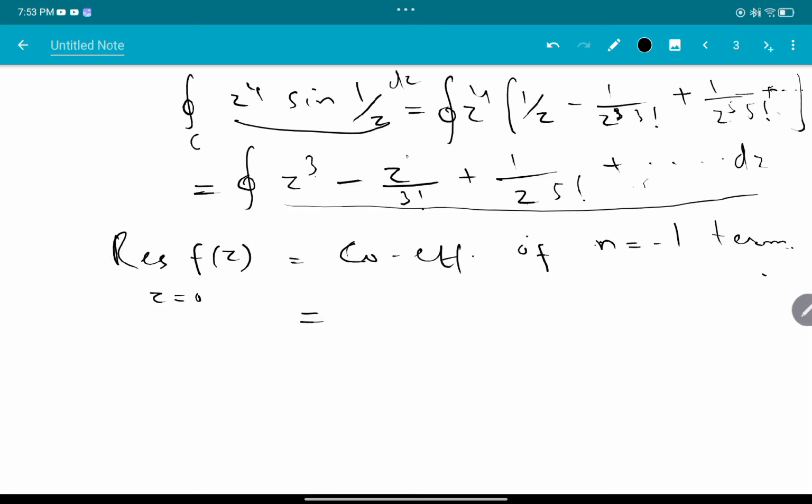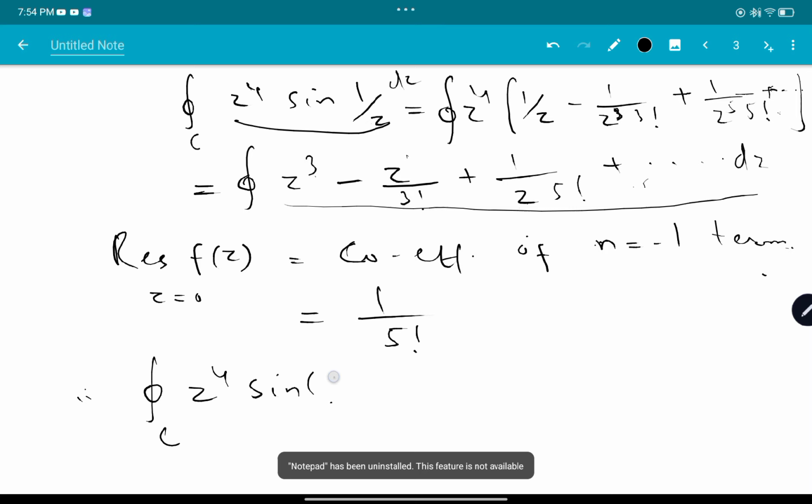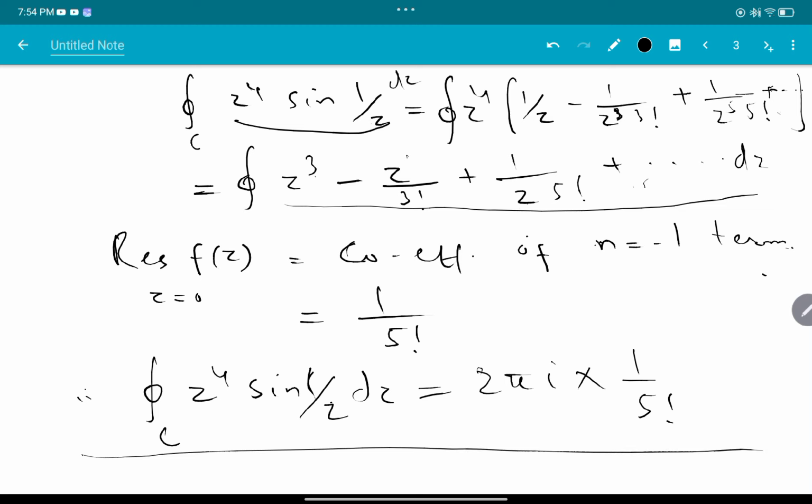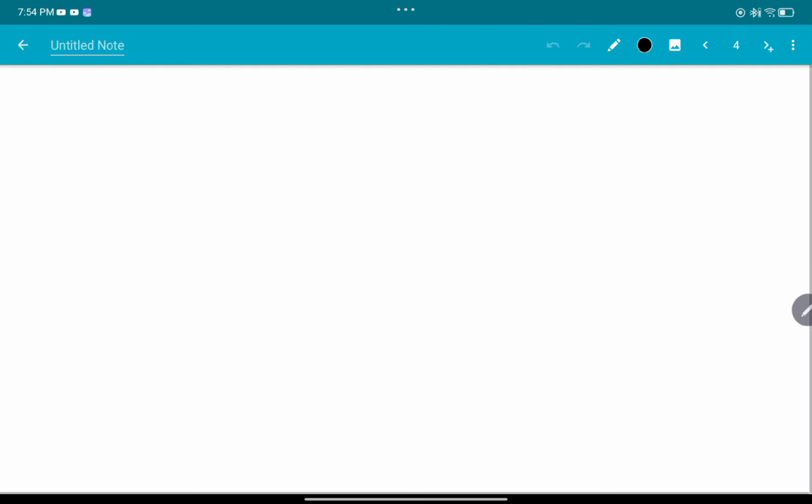Therefore the residue here is 1 by 5 factorial. And you can now write the value of the integral of z^4 sin(1/z) dz, which is 2 pi i times the residue at z equal to 0. The residue at z equal to 0 is 1 by 5 factorial. This is the value of this. But in most of the cases that you will have, the singularity will be of pole type.